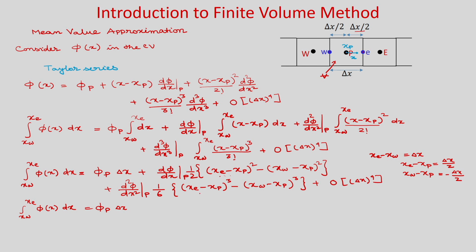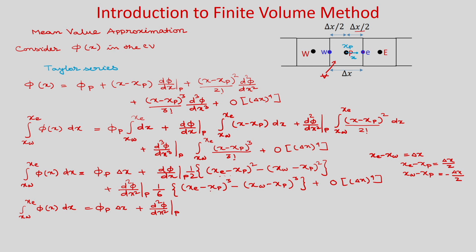And here if you see, it is delta x cube by 8, right. So, it is factorial 2. So, this is your factorial 2. So, it will be 2 into 3, okay. So, it will be 6 and 6 into 8, okay. So, it will be d2 phi by dx square at p.